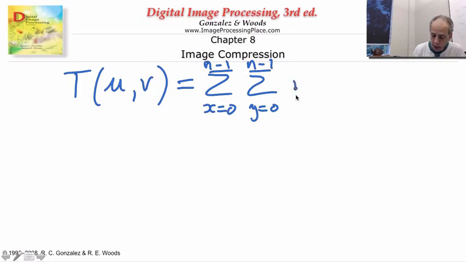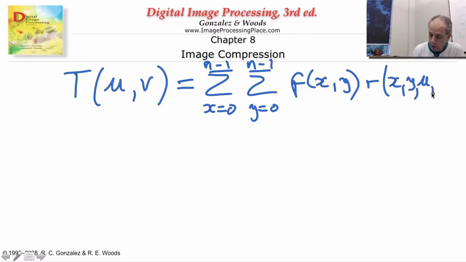And we're going to take our image f and multiply by transform coefficients. I have to give you the formulas for what these numbers are for DCT, for the discrete cosine transform.